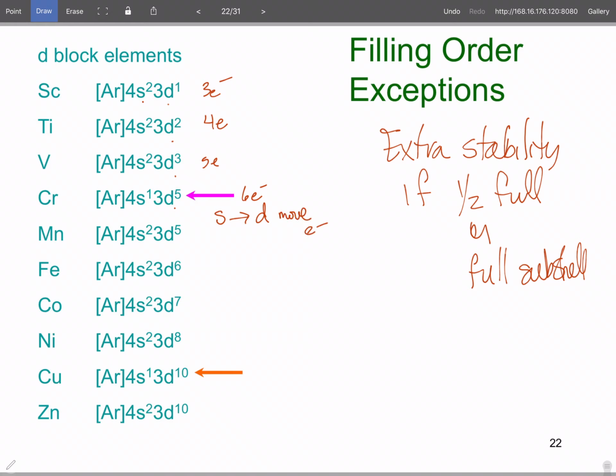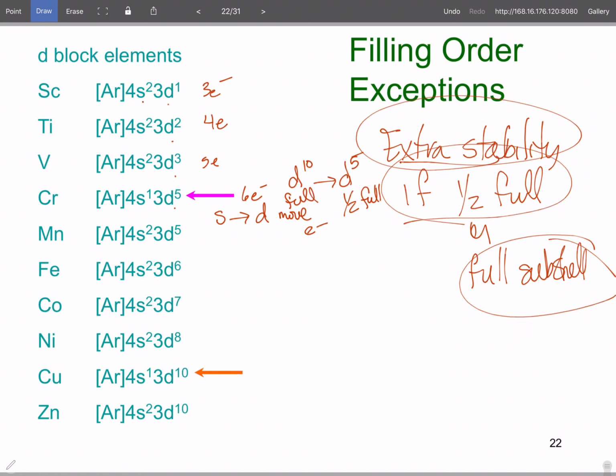Why? Because that makes the D, which holds 10, 5 is half full. And 10 is full, so we have extra stability if we're half full or full. So by popping that electron up, you'll have a half full shell.